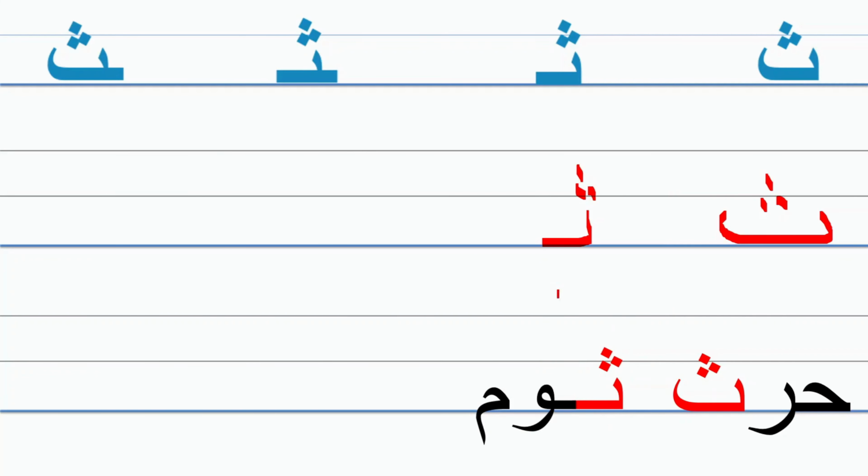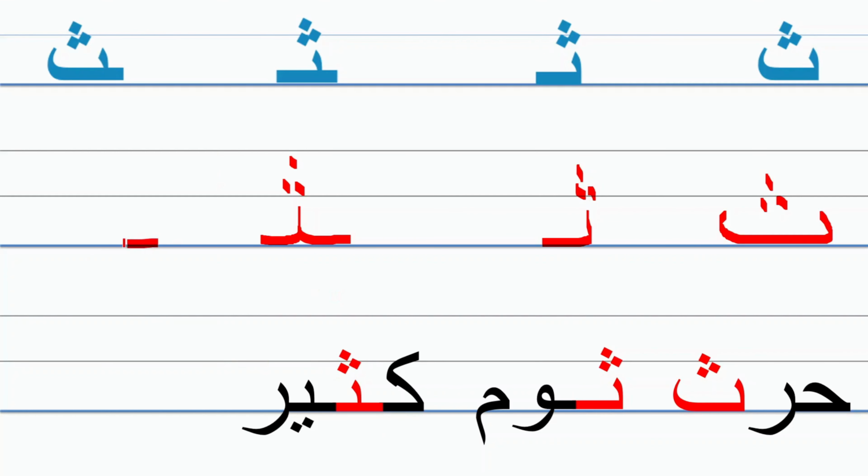Here is my starting. Then the medial tha, which is having 2 hands from right and left, like the word kathir, which means a lot. This is in the middle with 2 hands. And the last form of tha, which is having 1 hand from the right, because it's final, finishing the word. It's like in the word Laith, a name of the lion.